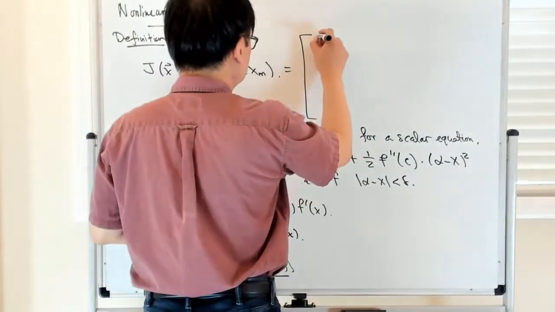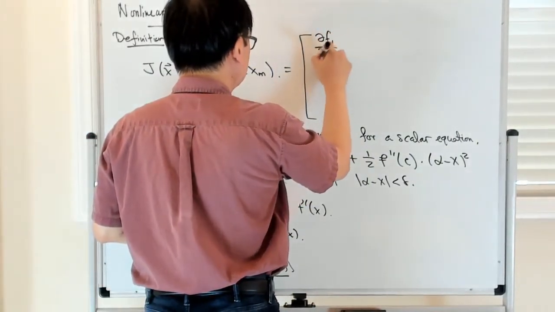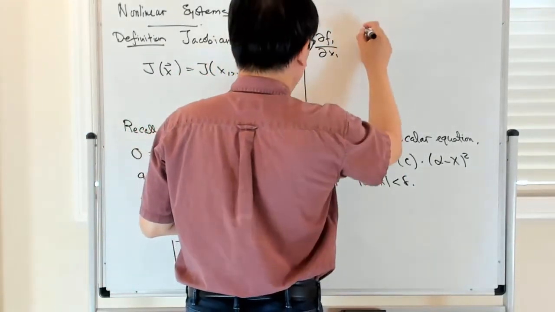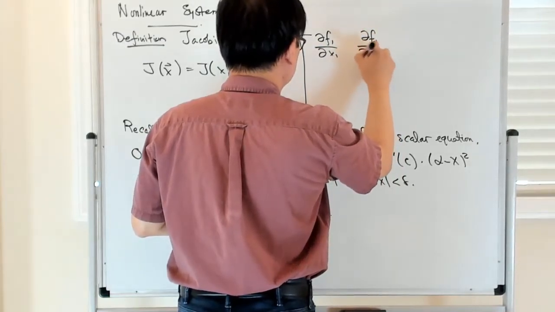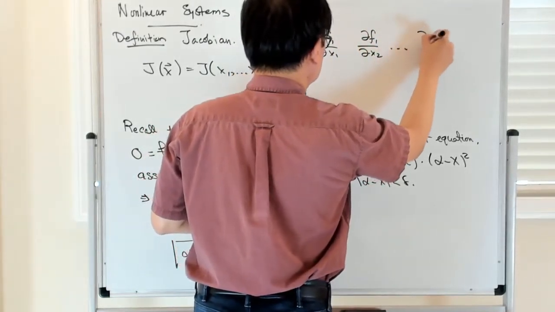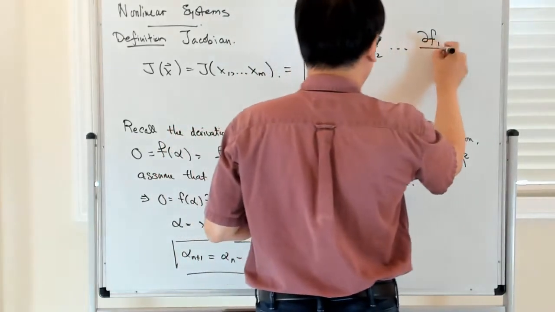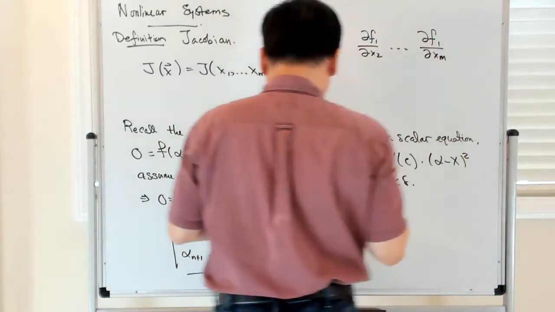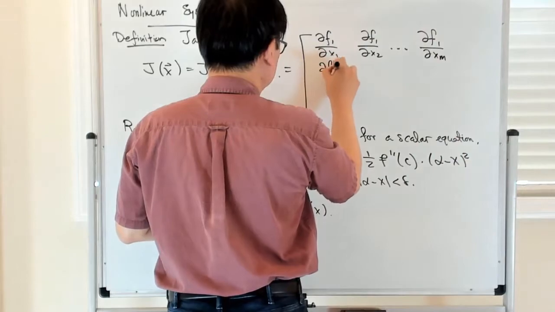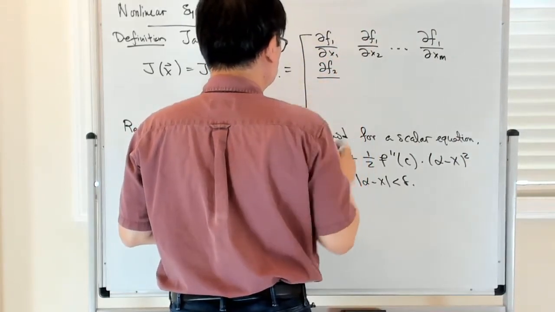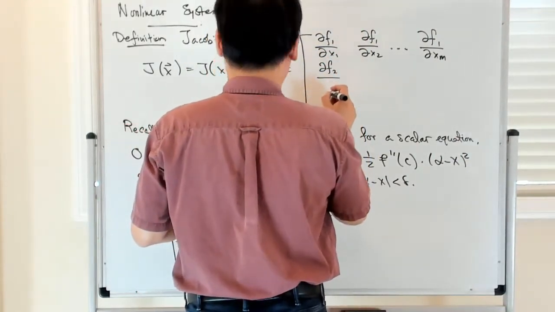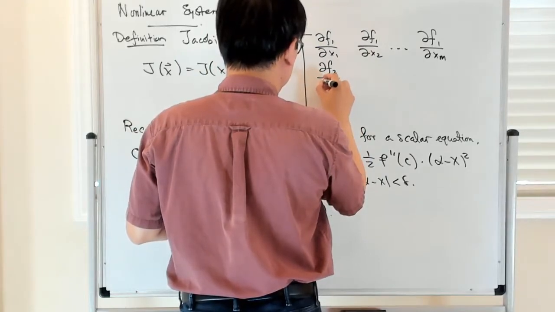So I take the partial derivative of f1 with respect to x1, partial derivative of f1 with respect to x2, partial derivative of f1 with respect to xm. That's the first row. I keep doing this for the different components of this vector valued nonlinear function.